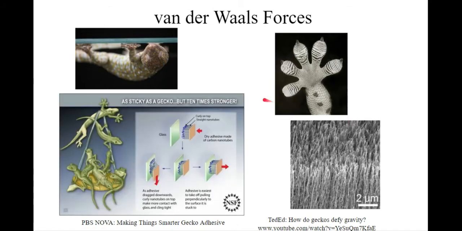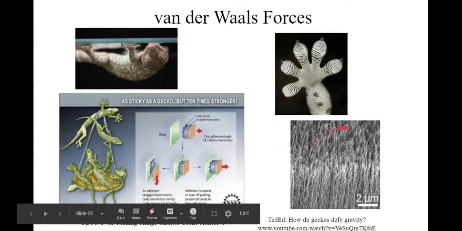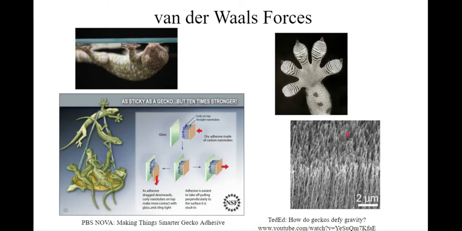As shown in this little image, when they put their hand down and pull it down, these little protruding particles lay down and form a huge number of contact points that build up these van der Waals forces. And so just one hand of a gecko can hold 10 times its own weight.